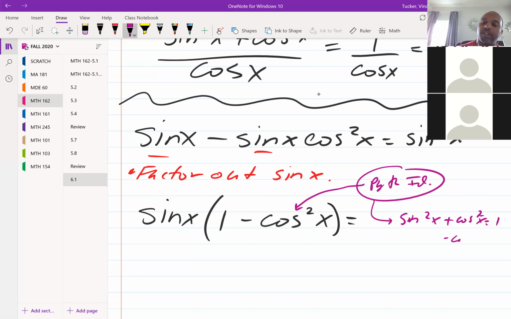I can subtract cosine squared from both sides, and I'm looking at sine squared x is equal to 1 minus cosine squared.